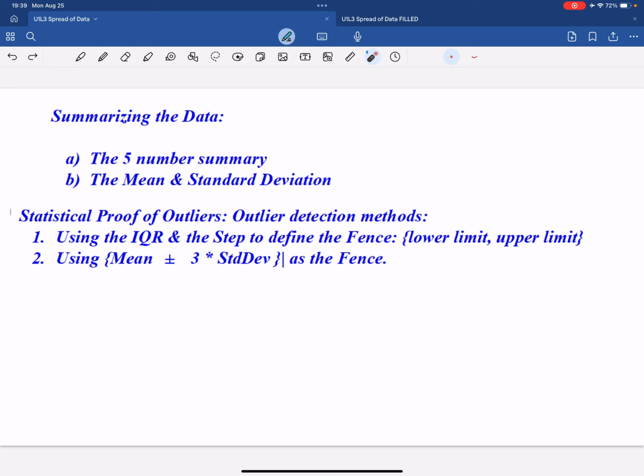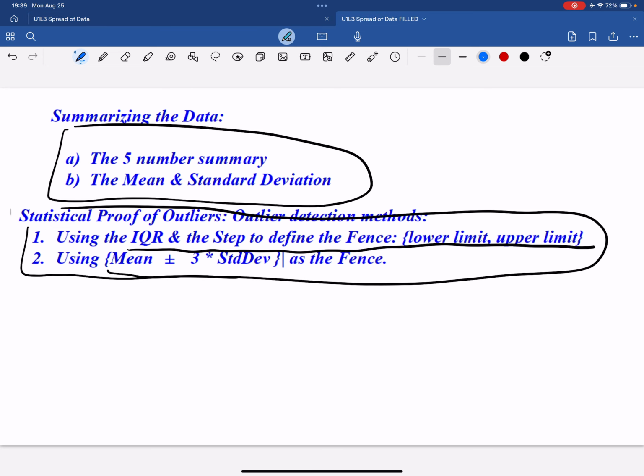So we're talking about spread today. The big thing for box plots is we have that 5-number summary, and so we can talk about range, we can talk about IQR.